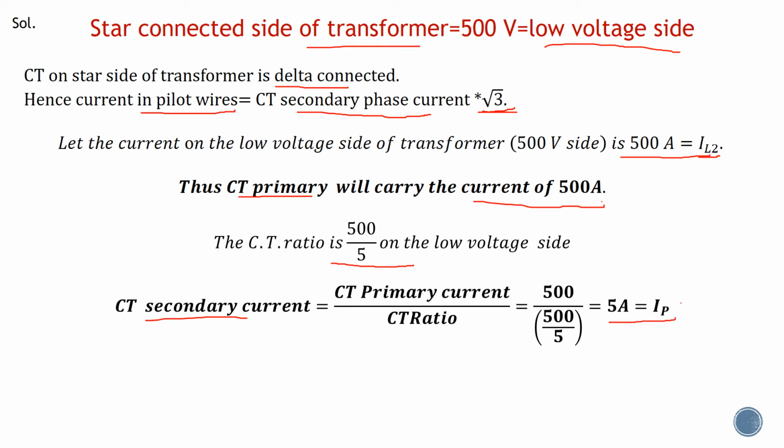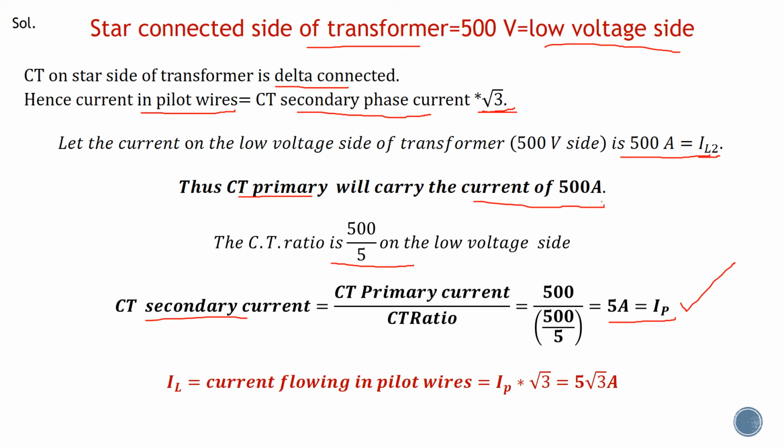But this is actually the phase current of your CT, and to get the current in your pilot wires, we need to multiply this phase current by root 3. Therefore, the current flowing in the pilot wires will be 5 root 3 ampere. This current will flow from both sides of the CTs.